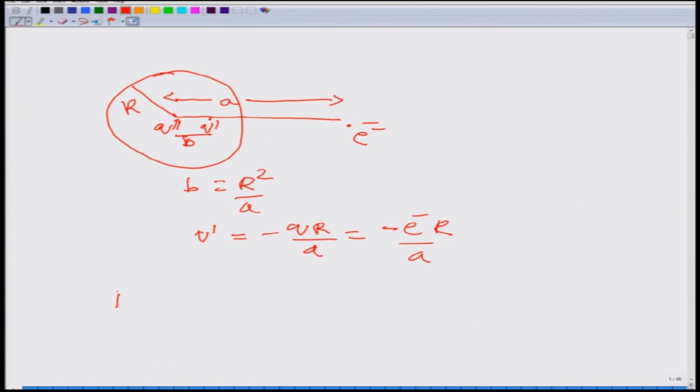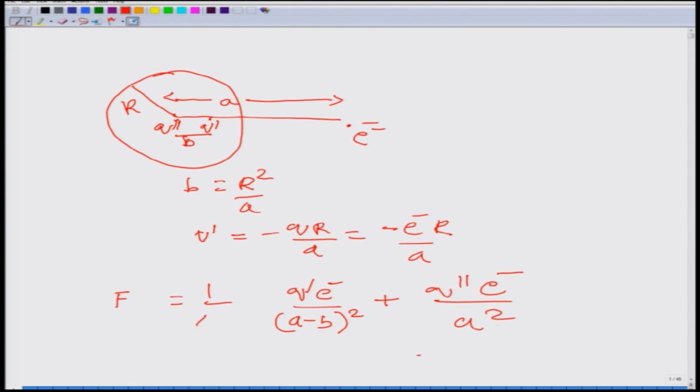So the force will be given by q prime E minus by a square plus q double prime E minus by a minus b whole square, and then q prime E minus by a square, and 1 by 4 pi epsilon naught. Okay.